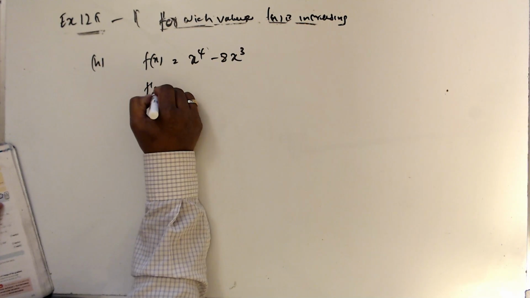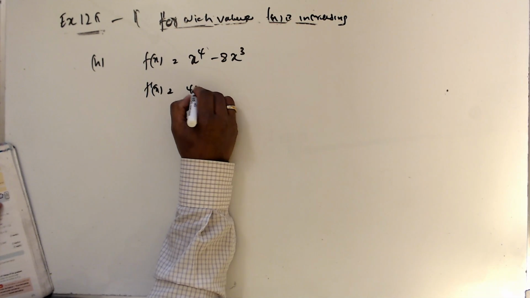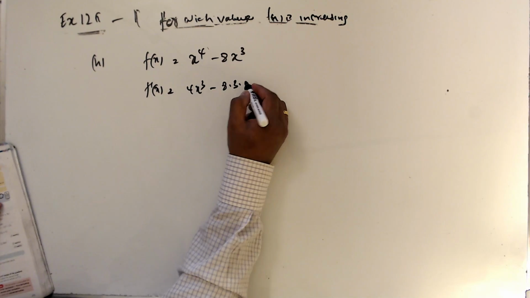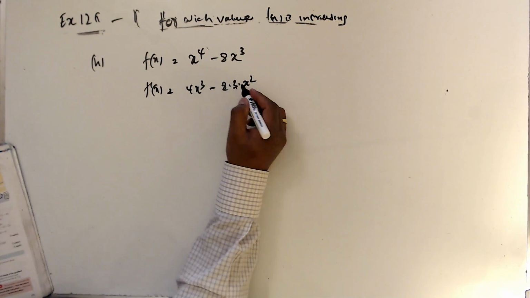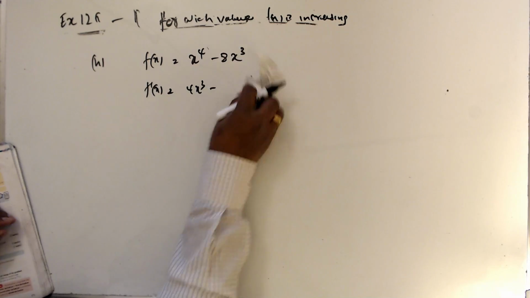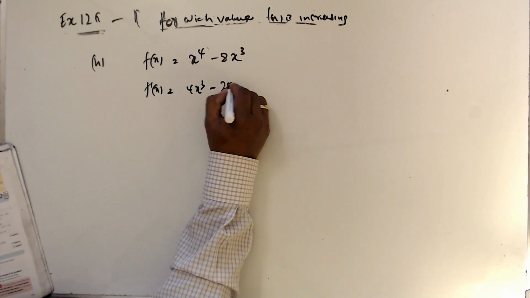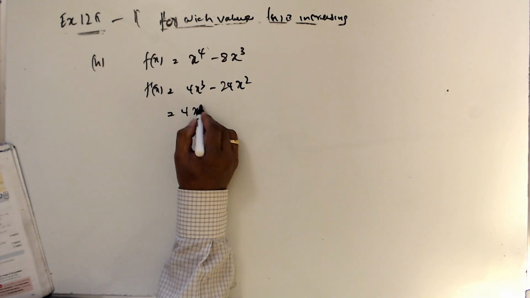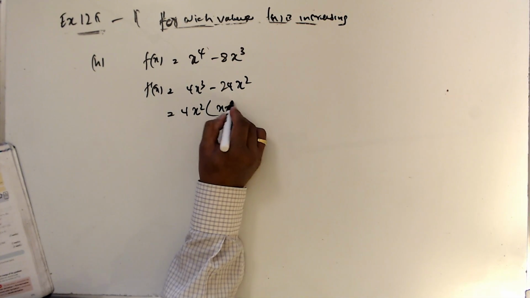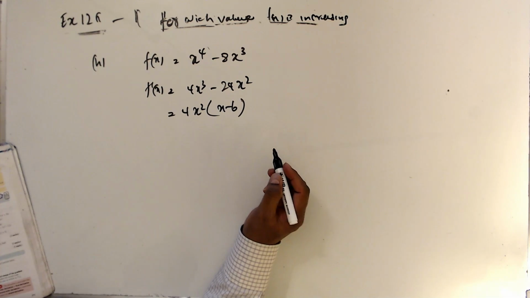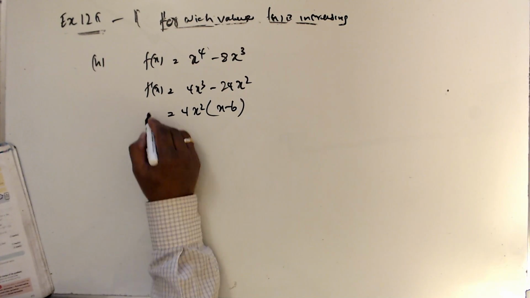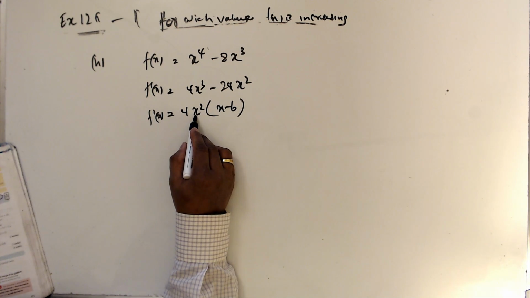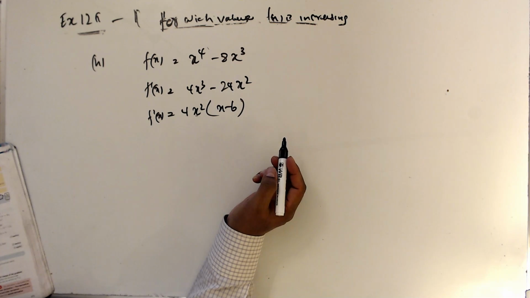We'll find f dash x. So this is 4x cubed, then this is 8 times 3 times x square, which is 24x square. So I can see 4 common and x square common. This is going to be x minus 6. Now my question: this depends on positive and negative values.